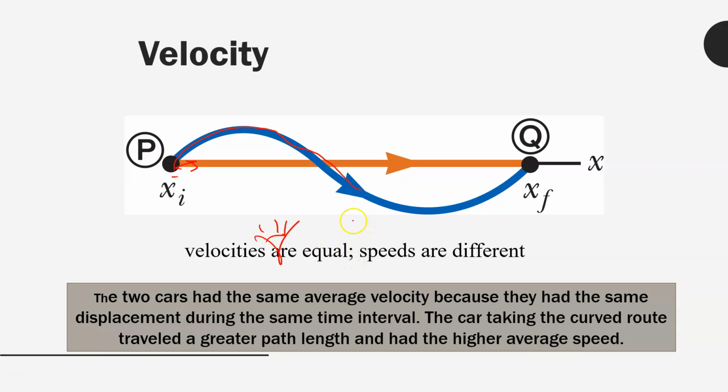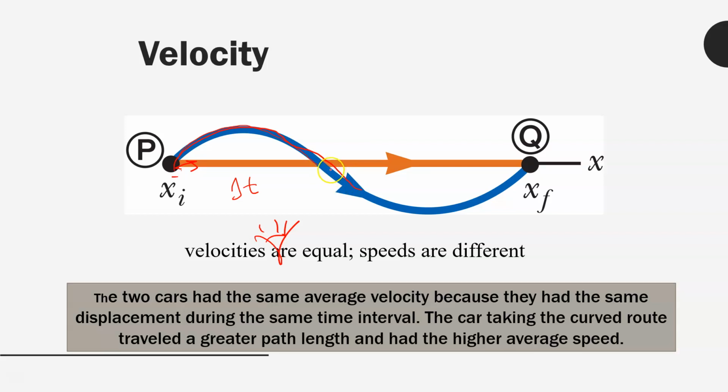The paths of the cars are depicted in the figure. In one run, we can see a car follow the straight line path shown in orange from P to Q during the time interval delta t, and in the second run, a car follows the curved path shown in blue during the same time interval.